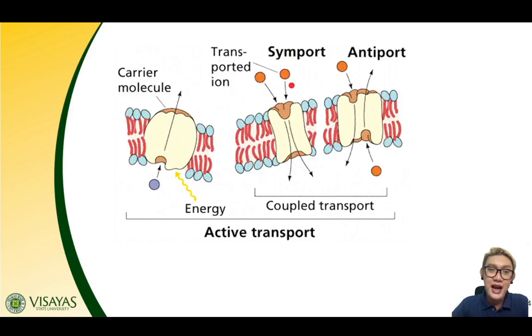If there is an ion gradient, they could be transported together with the target molecule, or they could be transported in a different direction. This is what we call antiport, and this is symport. Now, a uniport could be active or passive depending on whether there is energy expenditure. Then a uniporter is an active process.